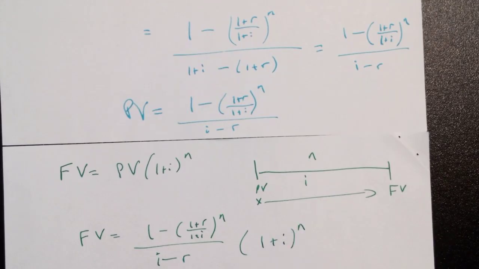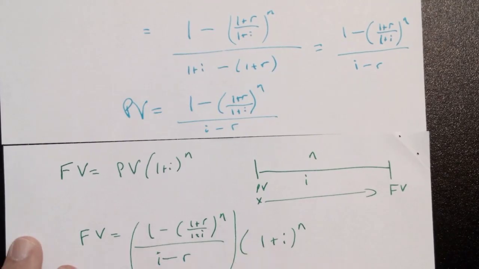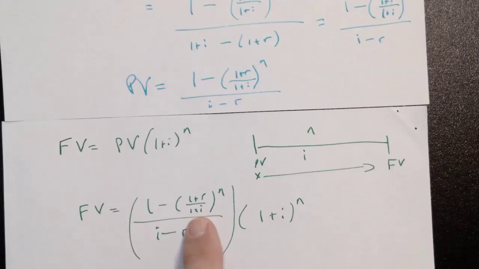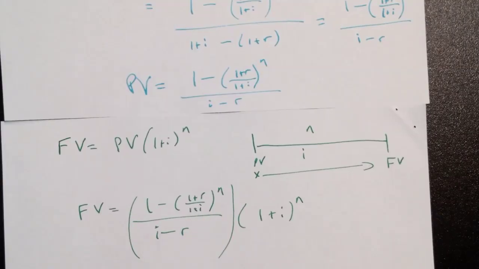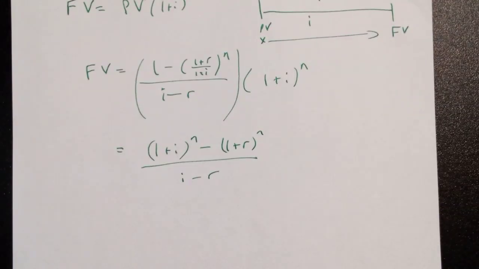But notice the (1 plus I) to the n here is in the bottom of this fraction. So if I multiply that through, I get (1 plus I) to the n minus (1 plus r) to the n, over I minus r, which is actually an easier formula, in my opinion, to work with.